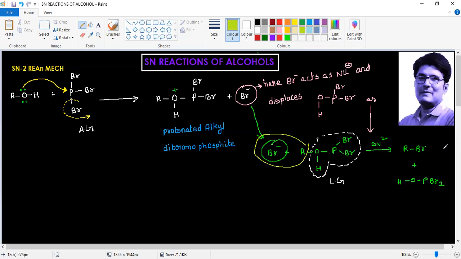ఓకే, చలో బేటా. So next, few more important points. See, better here I would like to say the importance of PX3 and SOCl2. Okay. So what is the main importance of PX3? PX3 and SOCl2 can be used as what? Reagents, isn't it?